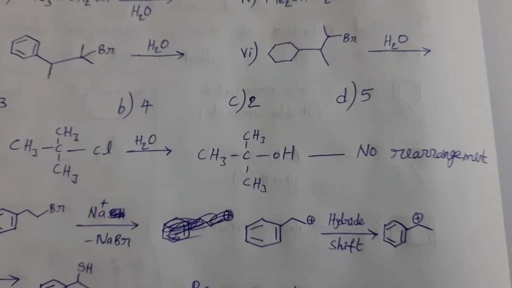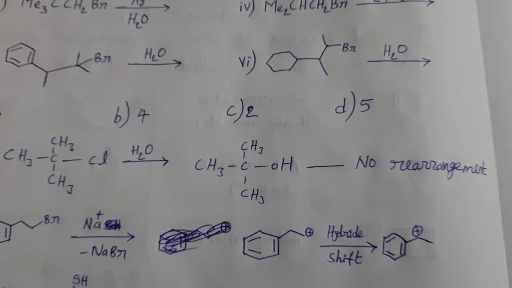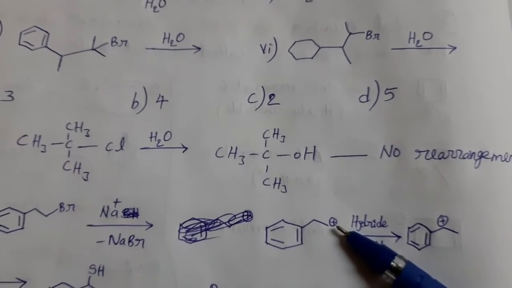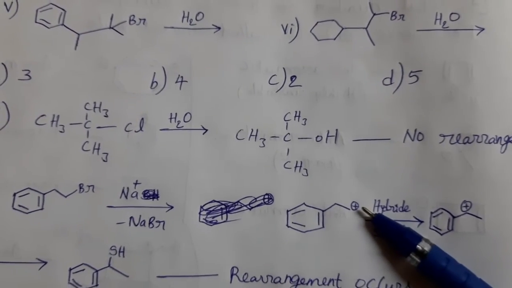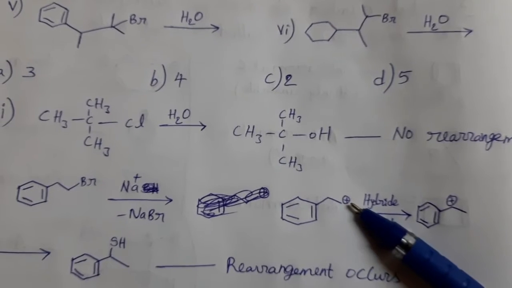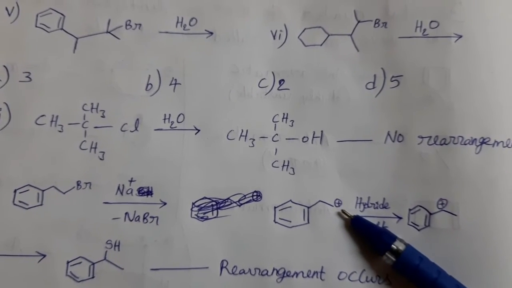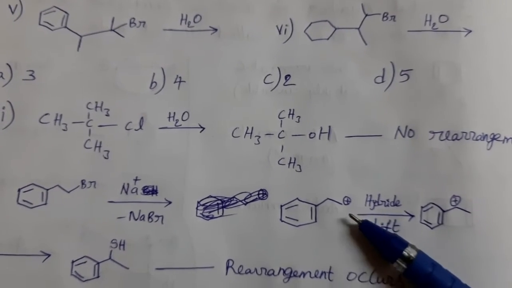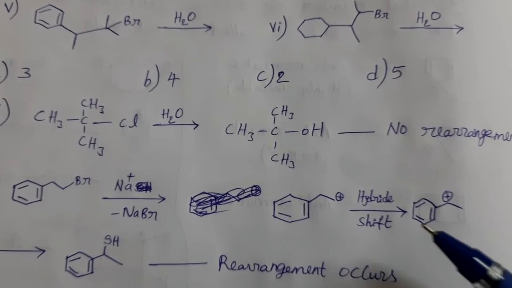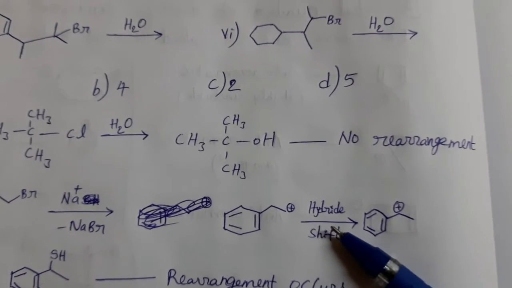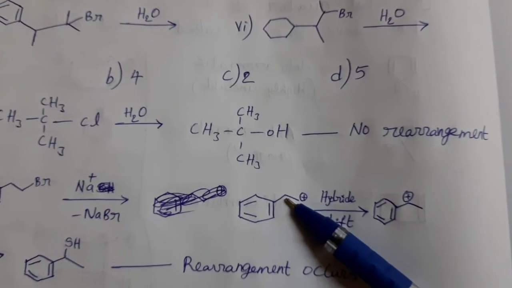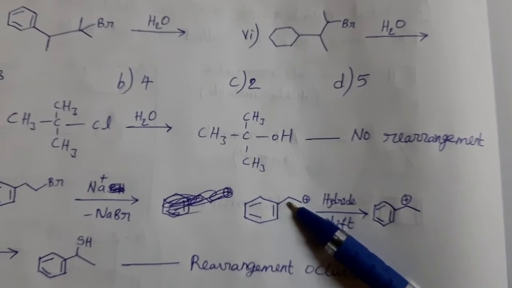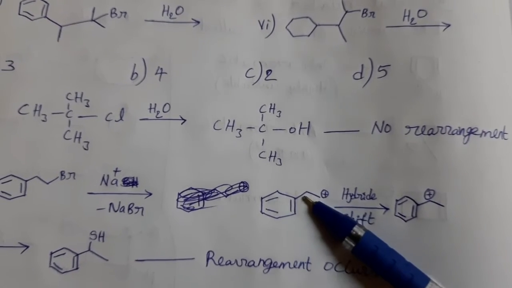If we see the carbocation stability, this is a primary carbocation. This positively charged carbon atom is attached to one other carbon, so it is a primary carbocation. The carbocation stability is tertiary greater than secondary greater than primary. So here a hydride shift takes place. At this carbon, 2 hydrogen atoms are there. One hydrogen shifted to this, positive charge shifted to this.